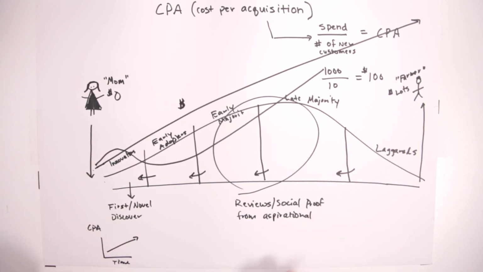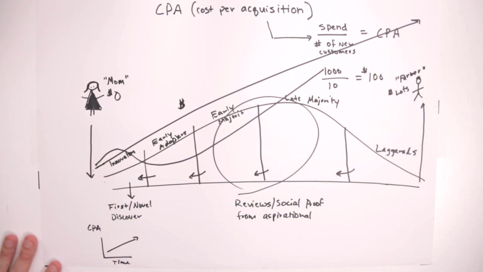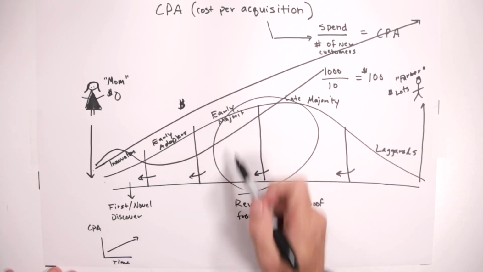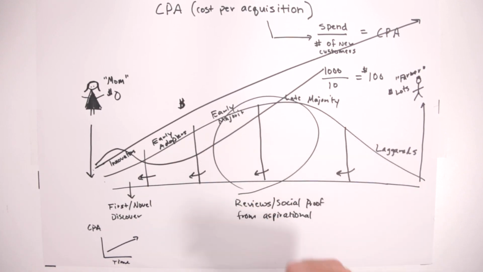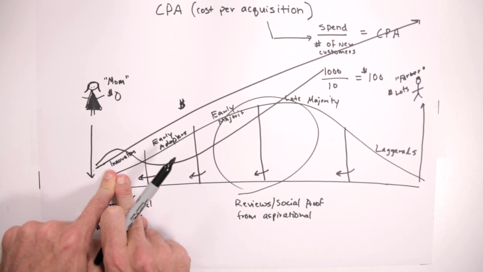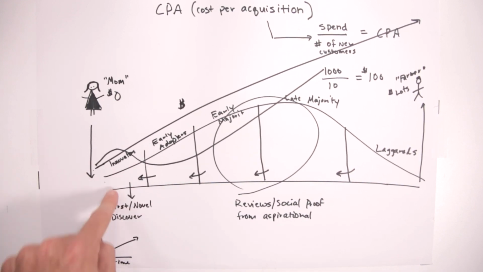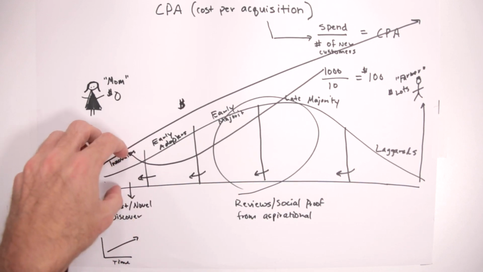So not only do you have to plan for your CPA rising over time, you also have to think about adjusting the messaging depending on the stage you're in. Identify who these people are and why they make behavioral decisions. Innovators would hate it if you showed them lots of reviews about your product and what somebody else said, because they want to discover. They want to be the ones that bring the noise to the rest of the market.